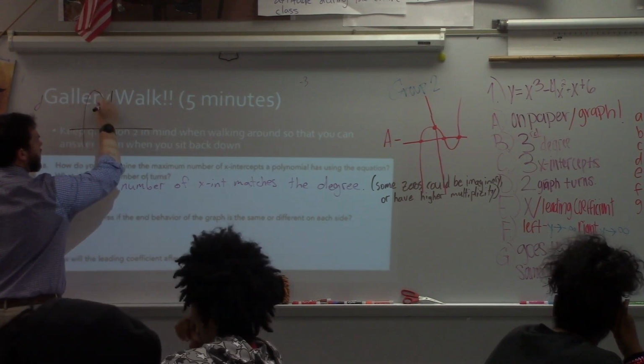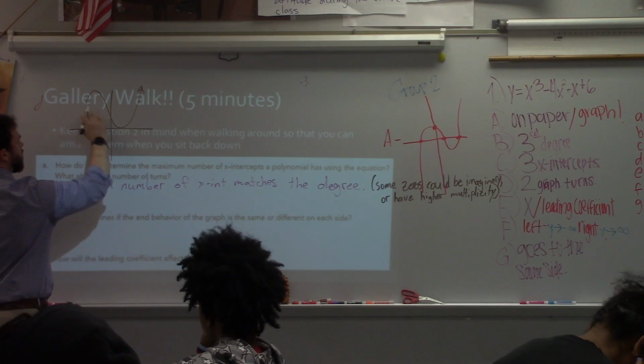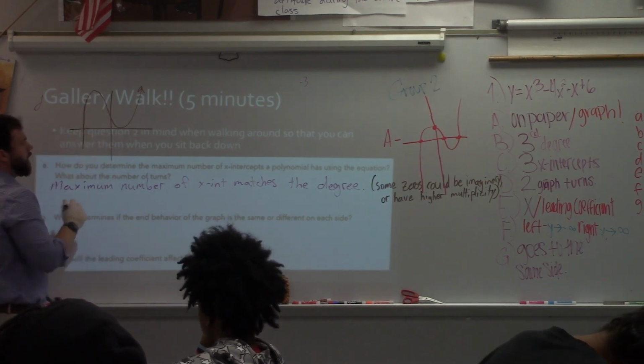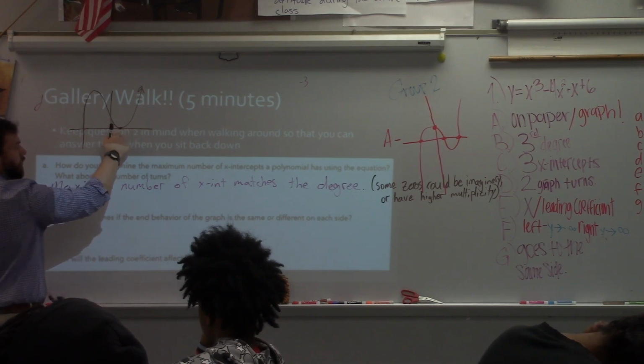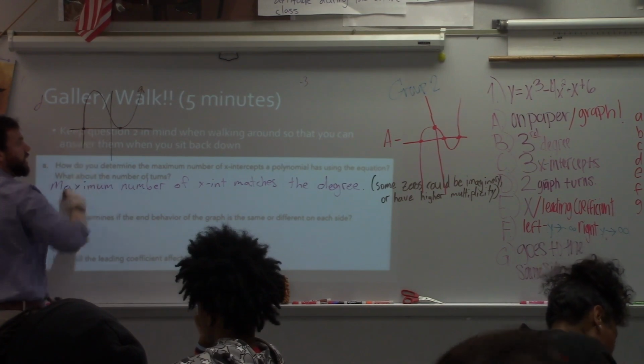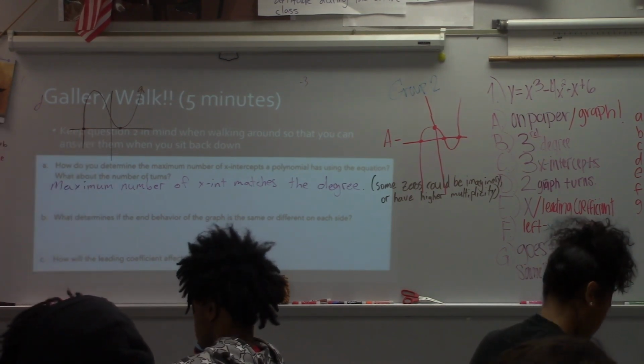Just looking at this, does anyone know what the degree of this would be? Third degree, how do you know that? Double root. We have a double root right here, so that counts as how many zeros? 2. I have a single root here, so that's how many? 3. So that degree is 3.